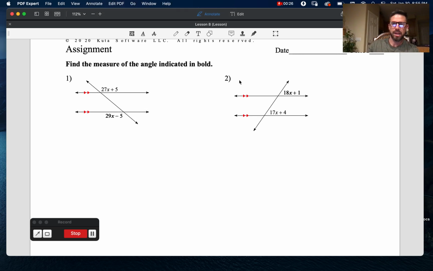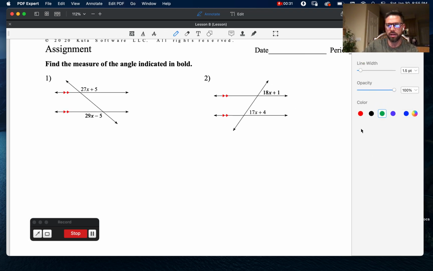It says, and you're actually going to have to use your eyes a little bit because I don't like how they did this on the assignment. It says find the measure of the angle indicated in bold. I don't know if you can see it, but this angle right here is a little more bold than this one. And over here, this one's a little more bold than this one.